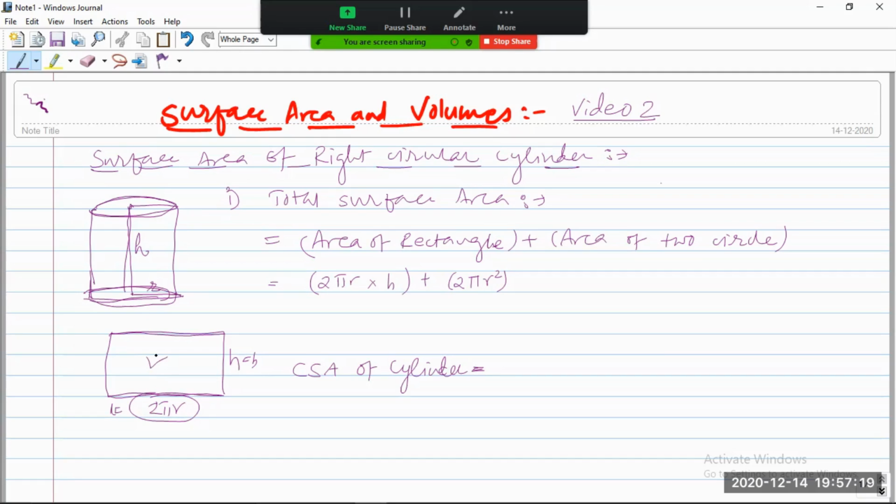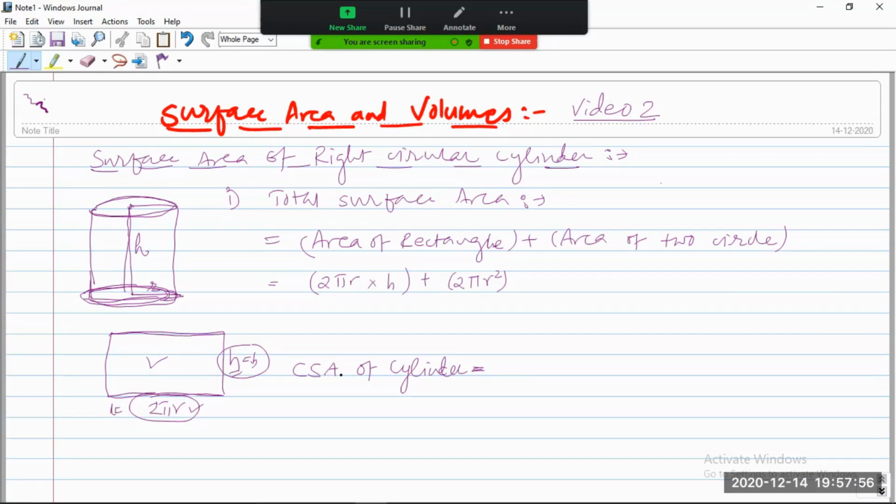The height of the right circular cylinder is the same as the breadth of this rectangular sheet, and the length of this rectangle is nothing but the circumference of the circular base or the circular top of this cylinder. That is the circumference of the circle, which we know is equal to 2 pi r, and the breadth of this rectangular sheet is nothing but the height of the cylinder.